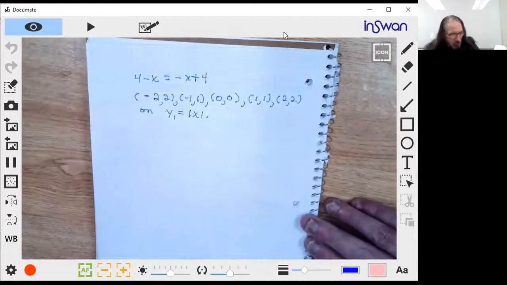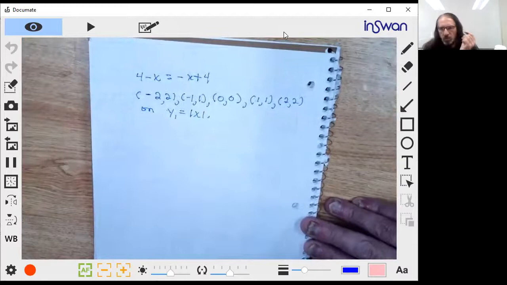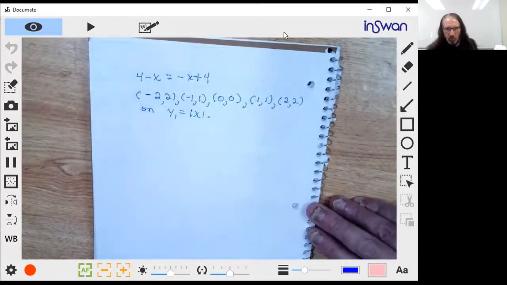Okay, I had a mistake in there, but I'm going to leave it because it's going to help me make the point about the order that you apply transformations in mattering.